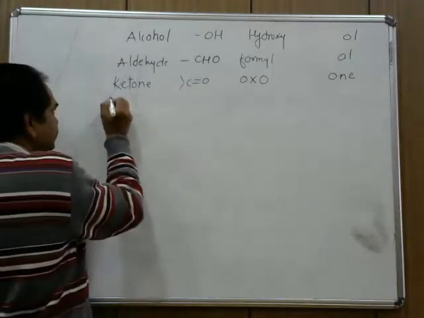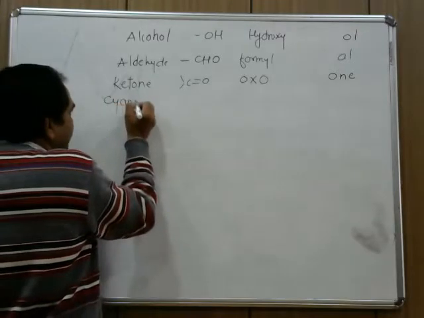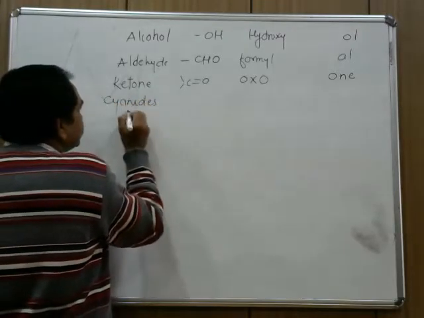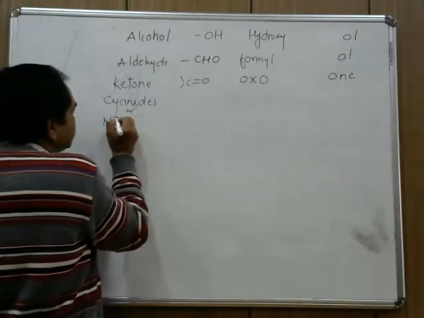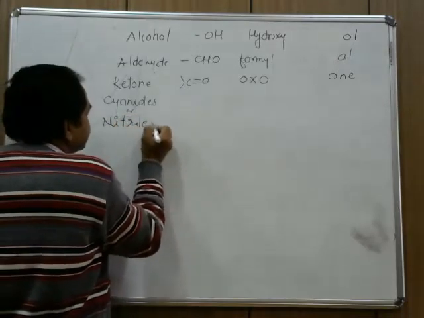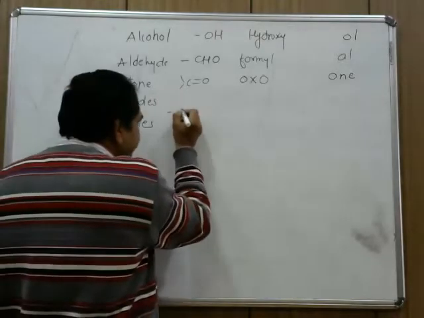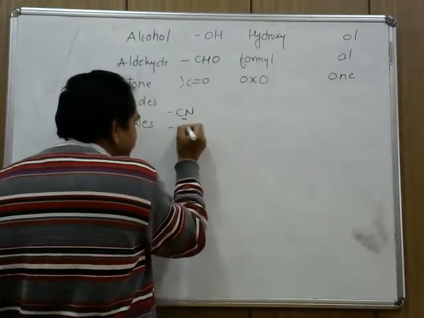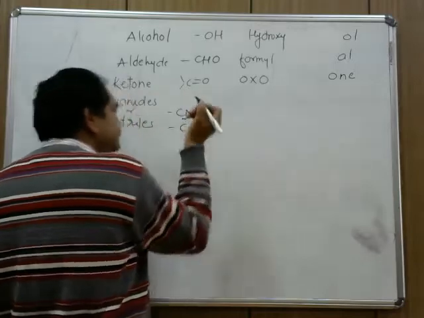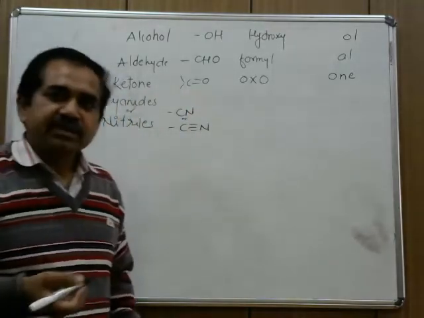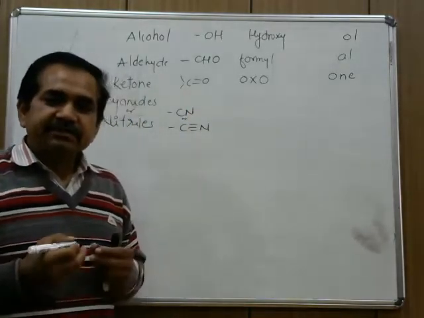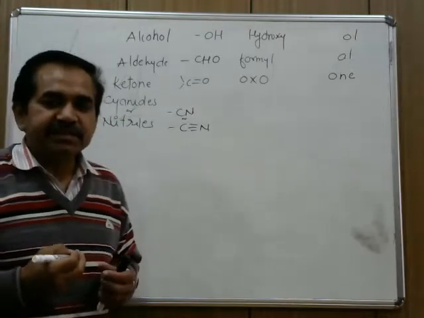Then cyanides or nitriles. For them the functional group is CN or C triple bond N. Both are the same, the only difference is in the way it is represented.